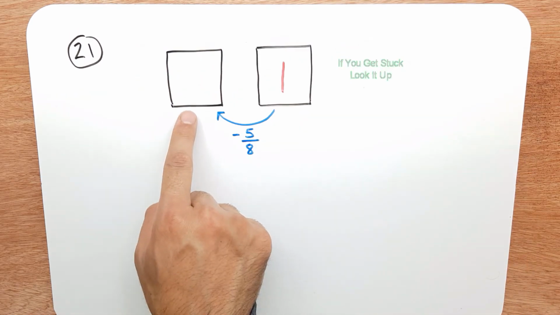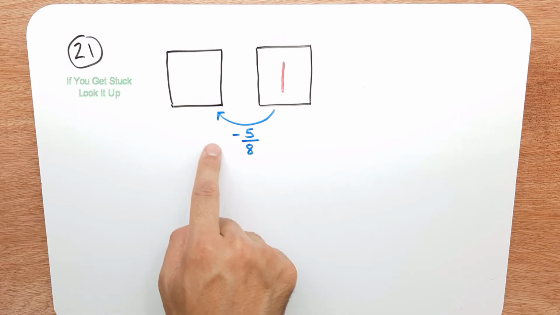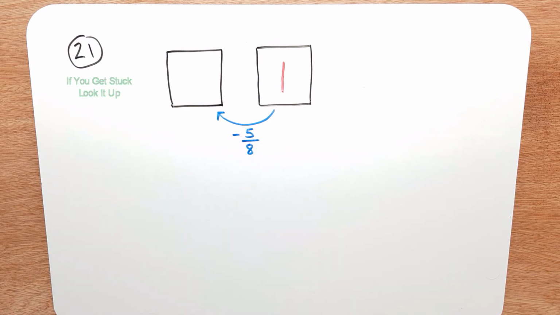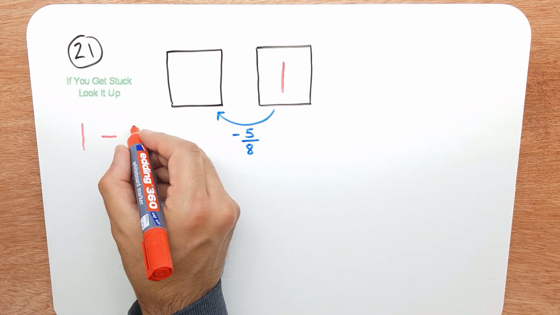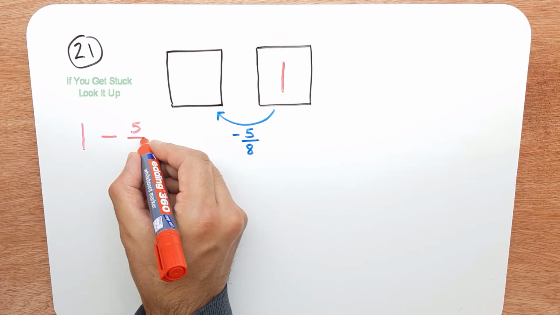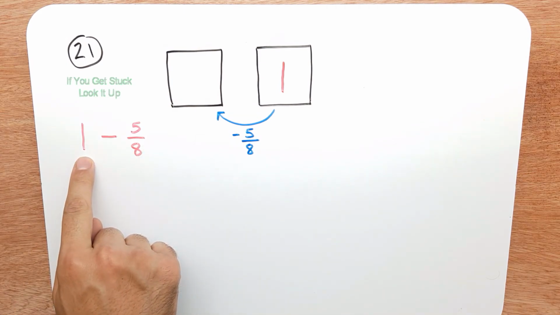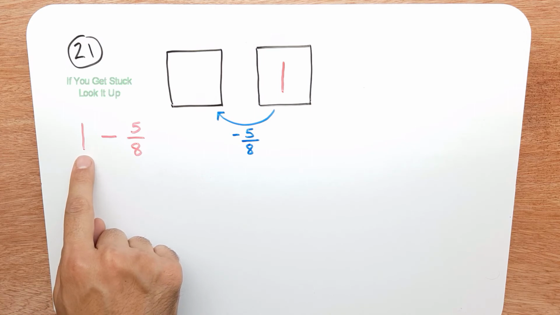Now here, to work out the missing box on the left, we need to do 1 minus 5/8. So we're going backwards. So our calculation is 1 minus 5/8. Now you'll note here that this is a whole number and this is a fraction. What I like to do is turn this into a fraction by dividing it by 1.